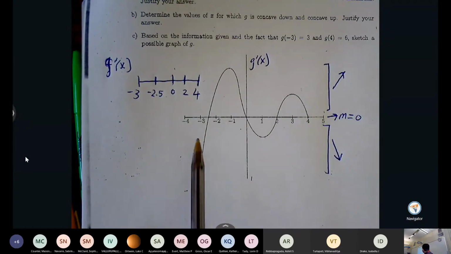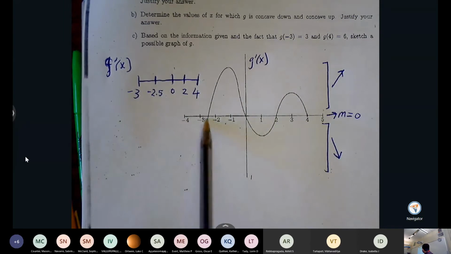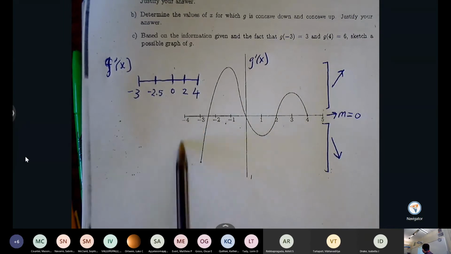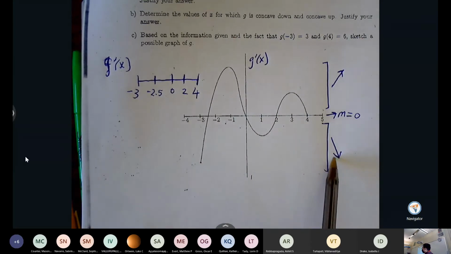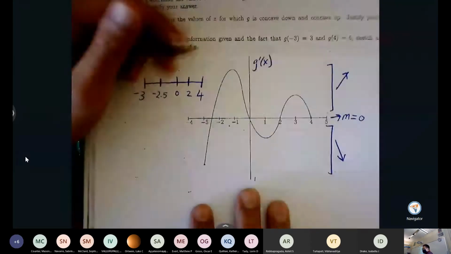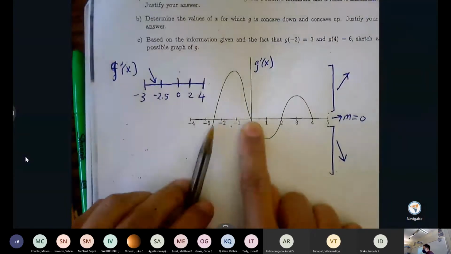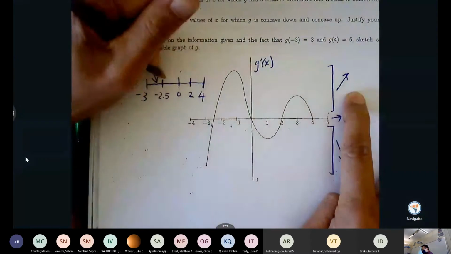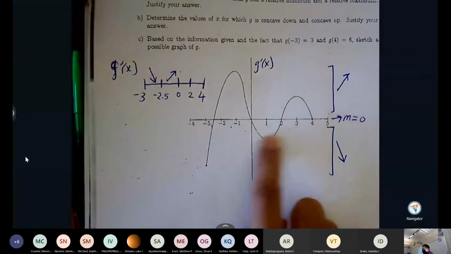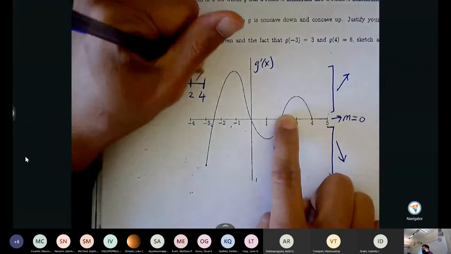Look at the location. The location from -3 to -2.5, all this is sitting below the x-axis. So that's going to correspond with a negative slope. Between -2.5 and 0, all this is sitting above the x-axis. That's going to correspond with a positive slope. Below, it's negative. Above, it's positive.